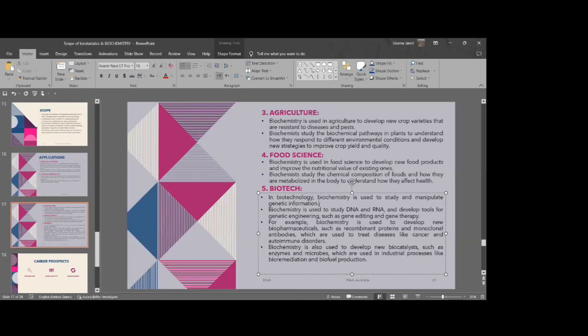Or for example, during these days there is a major issue of bacterial resistance against antibiotics. It is a very hot topic under research as well.